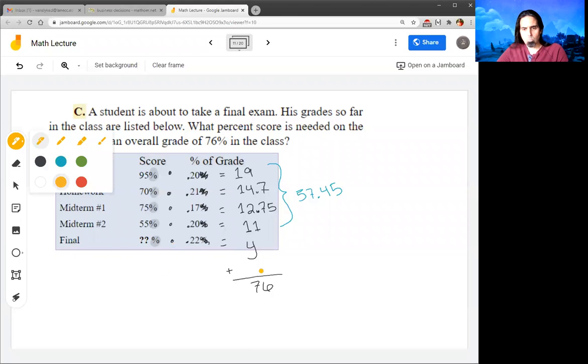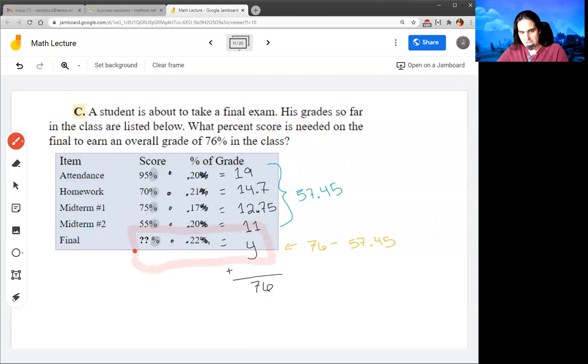Then how much more does this need to be to get up to 76? I'll subtract. And get 18.55. So the equation that I'm left with here is that something I don't know, I'm going to call it just final, times 0.22 is 18.55.